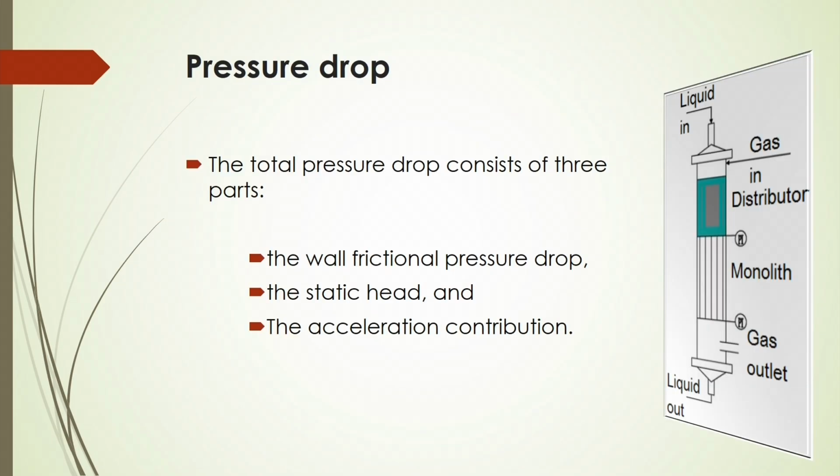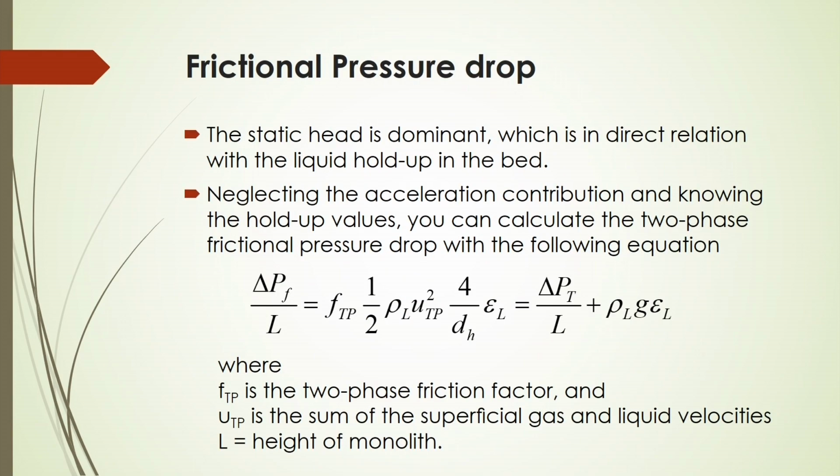Pressure drop is an important factor, as flow resistance determines the different flow regimes as well as the mass transfer characteristics. In that case, the wall frictional pressure drop, the static head and the acceleration contribution will be there in the total pressure drop.